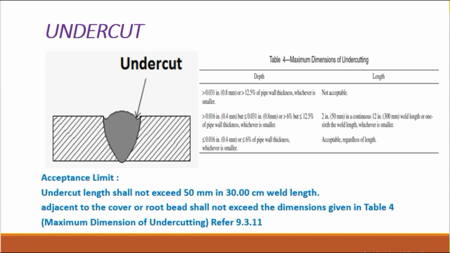Undercut adjacent to the cover or root width shall not exceed the dimension given in table 4. Table 4 is the maximum dimension of undercutting adjacent to the cover or root bead. Refer 9.3.11.